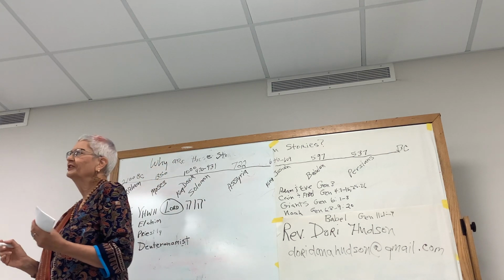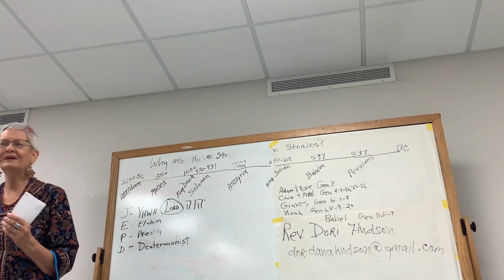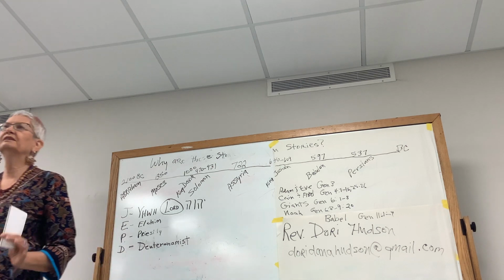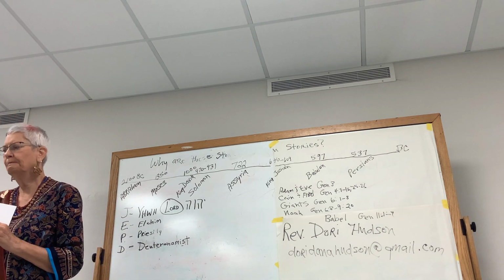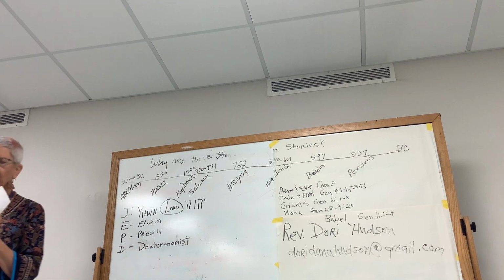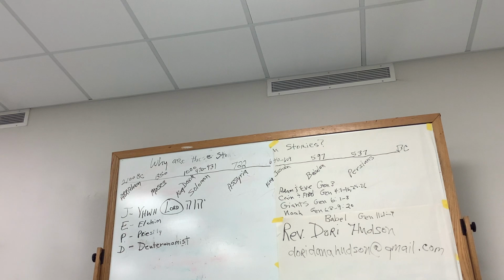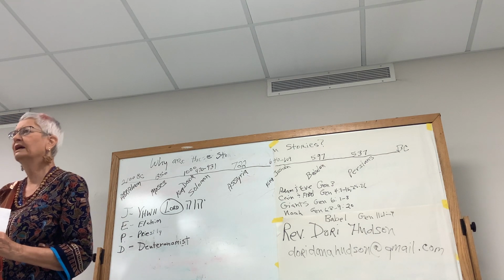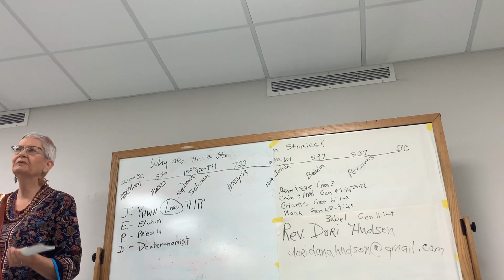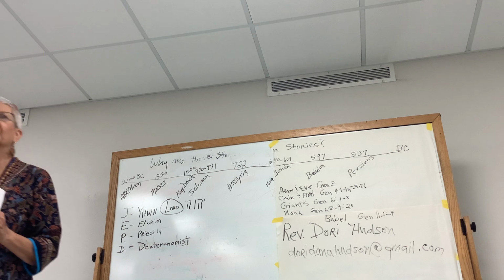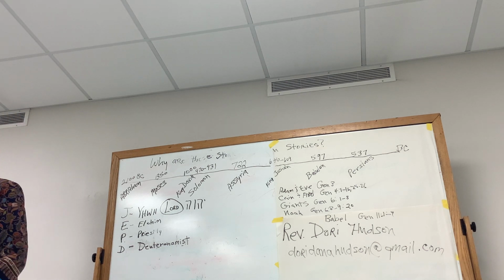Now, a couple of things are interesting about the P documents. P loves lists, particularly lists of genealogy. So you'll be reading along, and all of a sudden there's this long list. Well, you know that you have come into a P document. Also, the P documents love rules and rituals, and anything having to do with the temple.